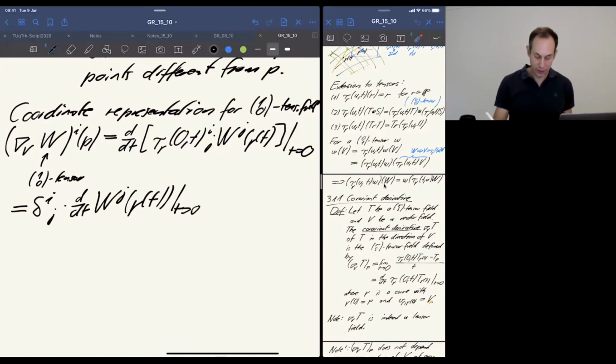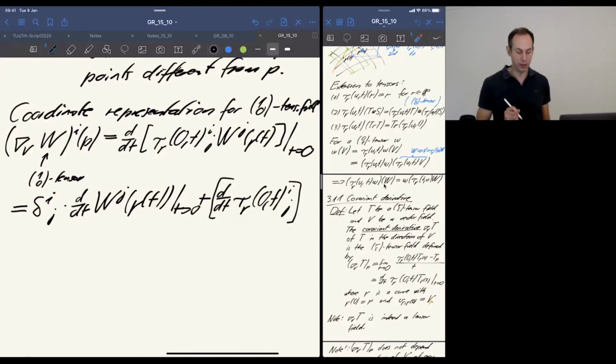And then we have the other component. Now I need to also, of course, take the derivative of this tau gamma of 0t. And so this one is now really evaluated separately. I only now apply the derivative to this part. That's why I put these brackets around it.